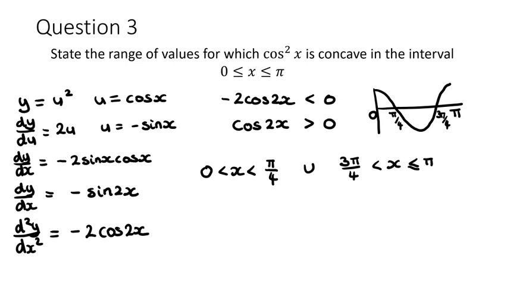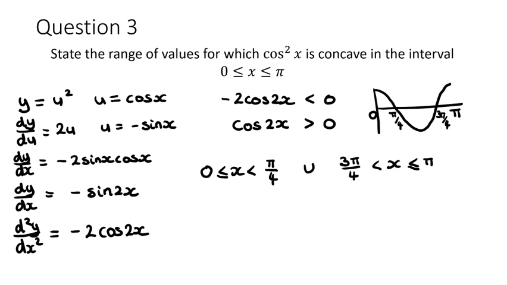I'll explain that. It does depend on the definition: the Edexcel textbook says that it's concave when it's less than or equal to 0. The exam board, as I mentioned in the previous video, say that as long as you're consistent, you can just say less than or equal to. The reason why here: when x is 0, it's clearly positive.